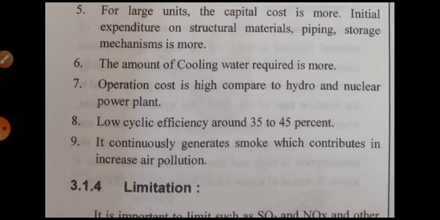Keep one thing in mind, as you have studied in thermodynamics, you cannot take work output equal to heat supplied. According to that law, we cannot convert the full amount of heat into work output.